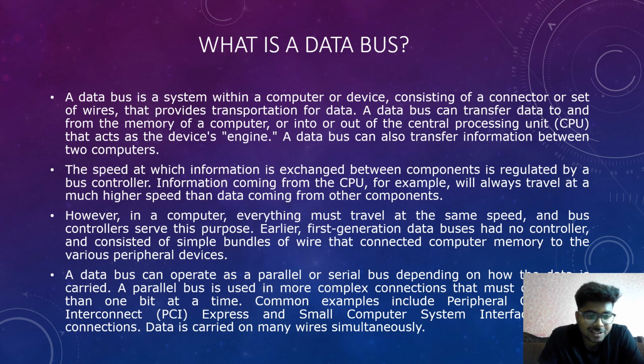The speed at which information is exchanged between components is regulated by the bus controller. Information coming from the CPU, for example, will always travel at a much higher speed than the data coming from the other components. However, in a computer, everything must travel at the same speed, and bus controllers serve this purpose.